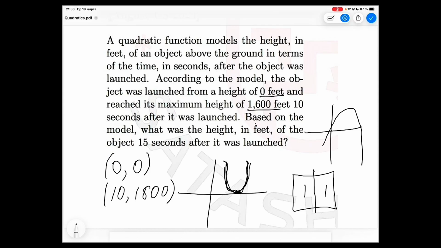If it begins from right there, and if it takes 10 seconds to reach its maximum, it's going to take the same amount of time to land again, to cross the x-axis again, right? Because these two lines are symmetrical. If it takes 10 seconds to reach its maximum, again it's going to take 10 seconds to land on the ground.